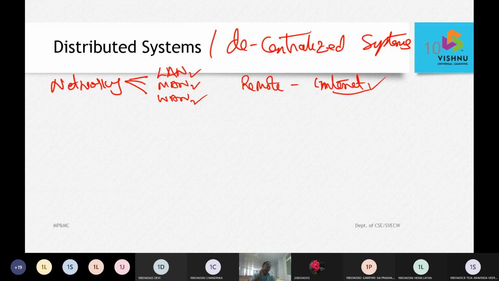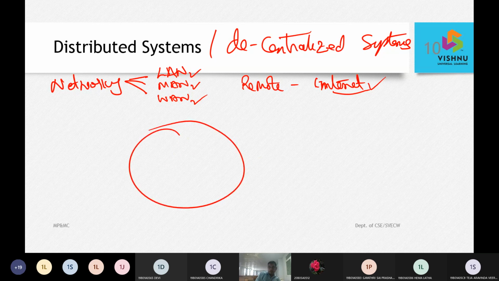Distributed systems: the very first thing, it is going to be a decentralized system. It can be at any location. Second thing, it is going to have a networking approach.